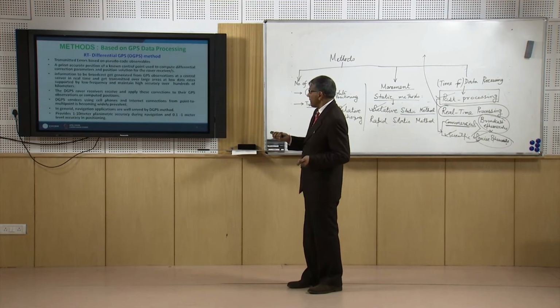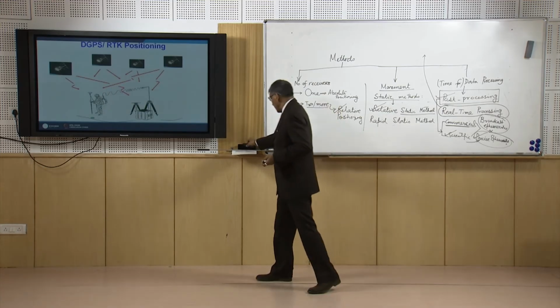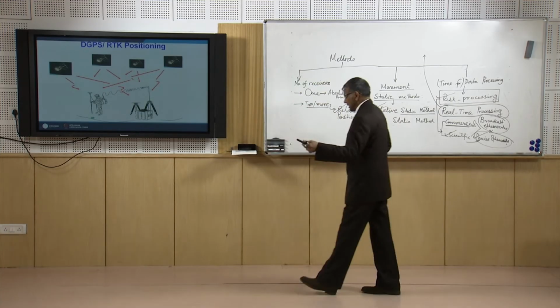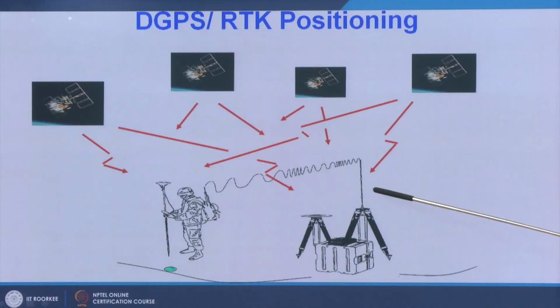Now, here you can see that this is a reference station, with the reference receiver, controller and receiver. Along with this, there is a radio communication system, and this receiver is kept at a point which is known.